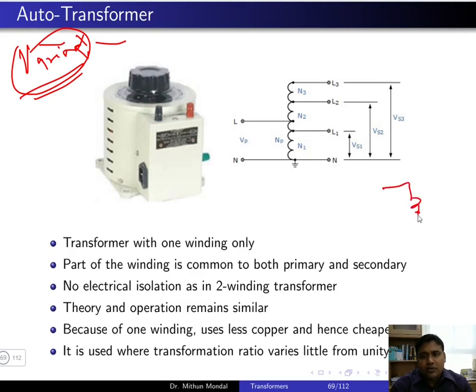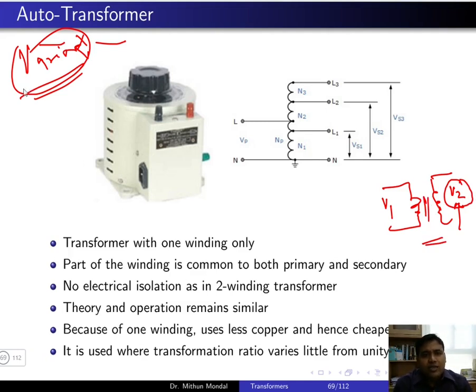In the two winding transformer in single phase, your output voltage V2 will depend upon the input voltage V1, and you can't control this voltage V2. So there is no controlling of this voltage V2. This is a two winding transformer, iron core, single phase.